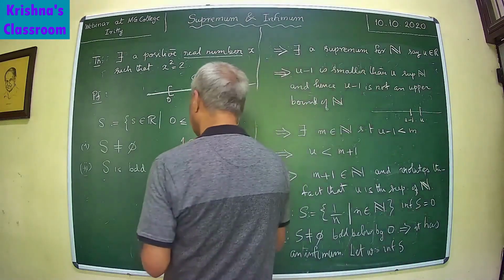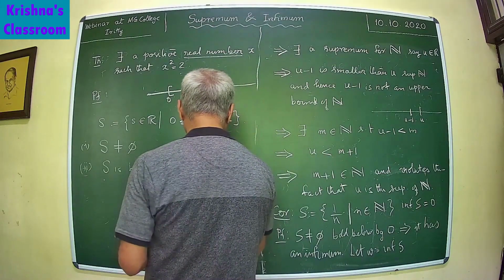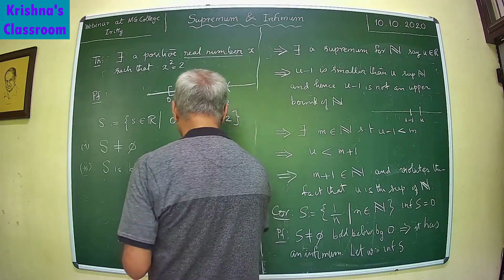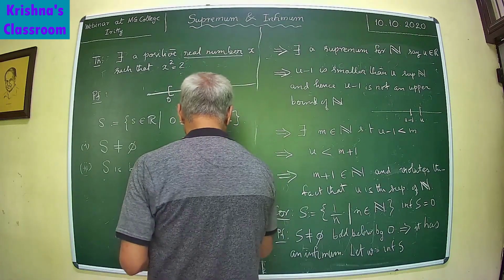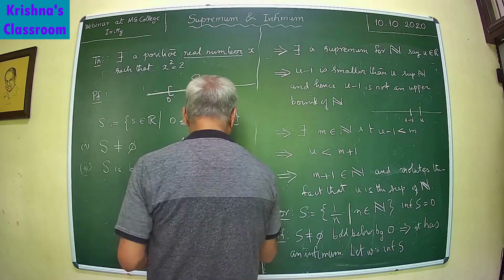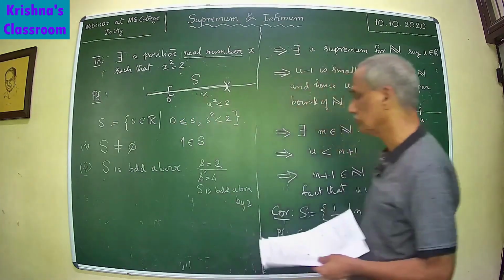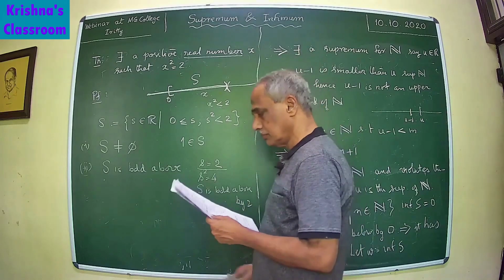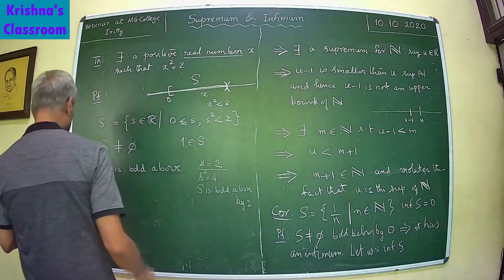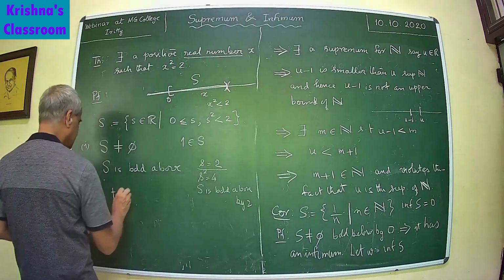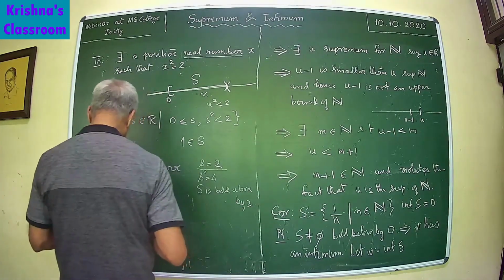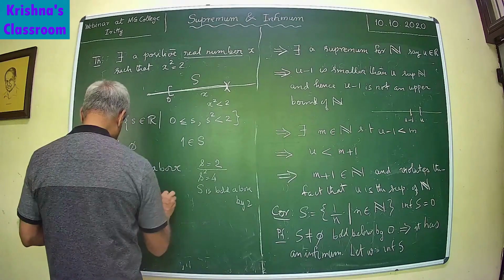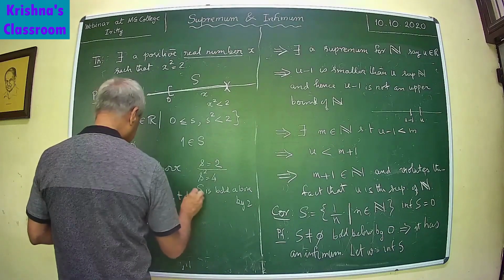For x belonging to S, x is less than or equal to 2. So if d is greater than 2, it implies d squared is greater than 4, therefore d does not belong to S.